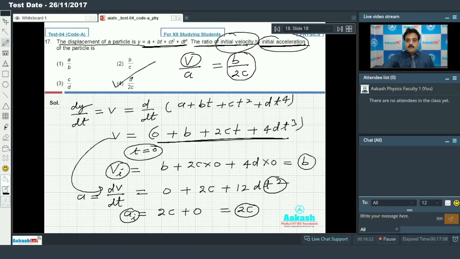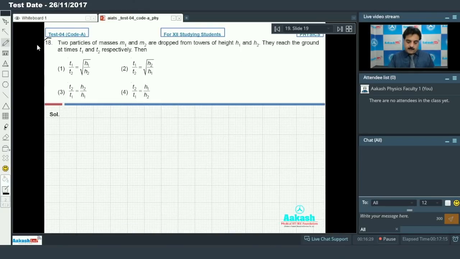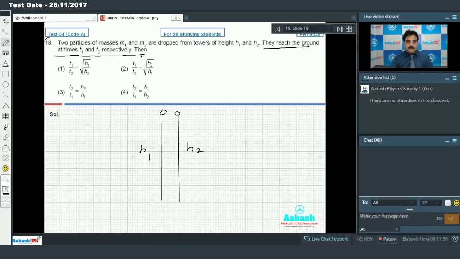So let's move on. Question number 18. Two particles of masses m1 and m2 are dropped from towers of height h1 and h2. They reach the ground at times t1 and t2 respectively.